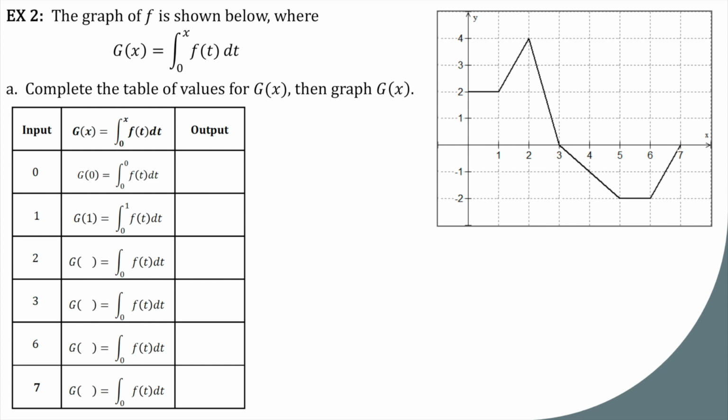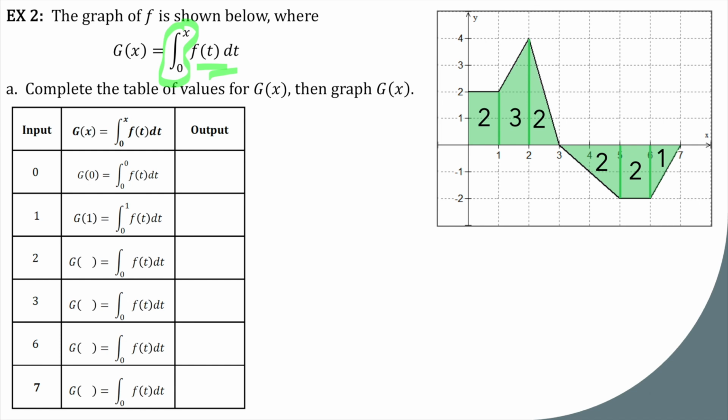So g of x equals the area under the curve between 0 and x of this function shown at the right, f of t. We're going to complete a table of values for g of x, kind of like we did before. First thing we need to do is sum areas between our function and the x-axis. So we've got a rectangle of 2, trapezoid of 3, triangle of 2, another triangle of 2, a rectangle of 2, and a triangle of 1.